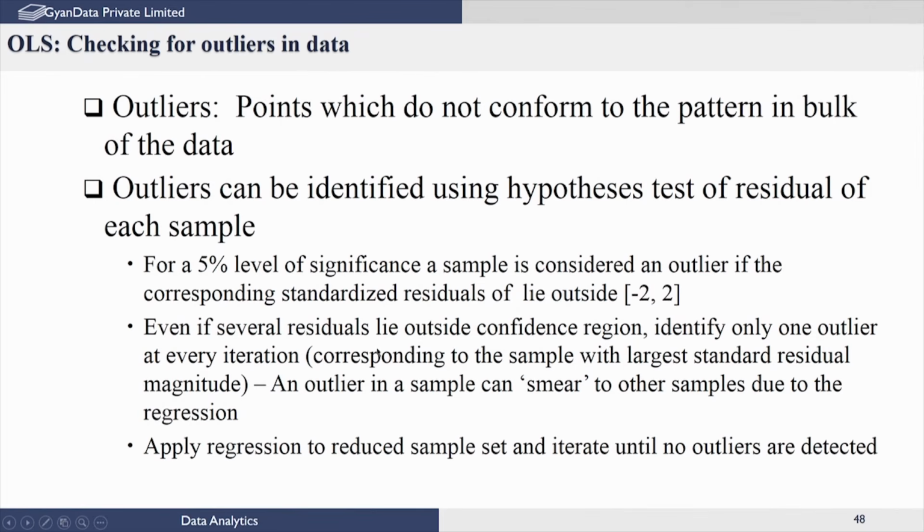That is the one we take and remove it. Once we remove that, we again run a regression on the remaining samples, and again run this outlier detection test. So, we remove only one outlier at a time.